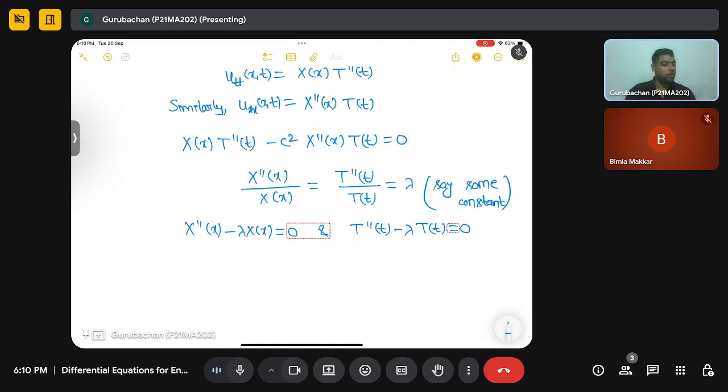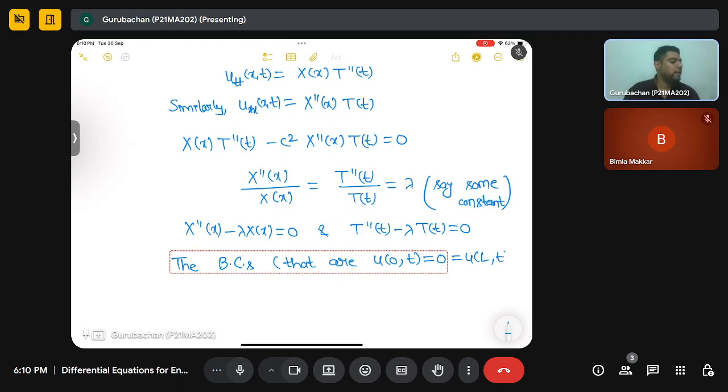Now using the boundary conditions for X(x), the boundary conditions are u(0,t) is 0 equal to u(L,t).